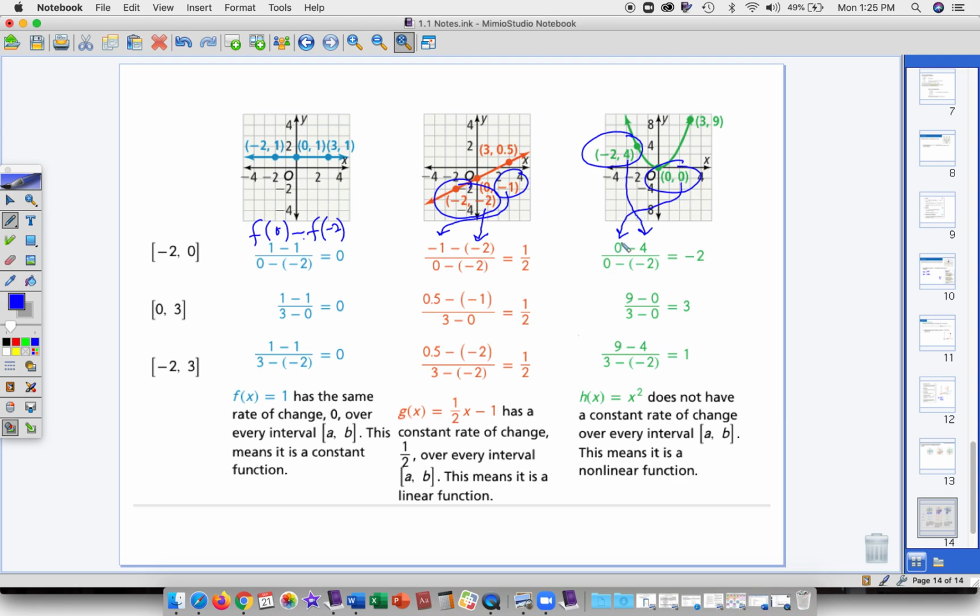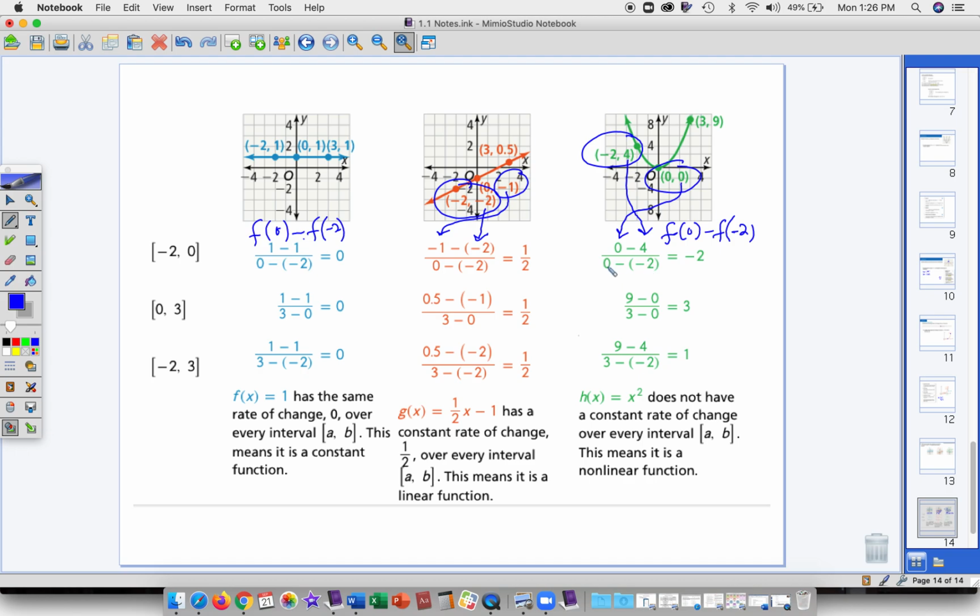So again, they're starting with f of 0 minus f of -2. The y value at 0 is 0. The y value at -2 is 4. And that's where these numbers are coming from.